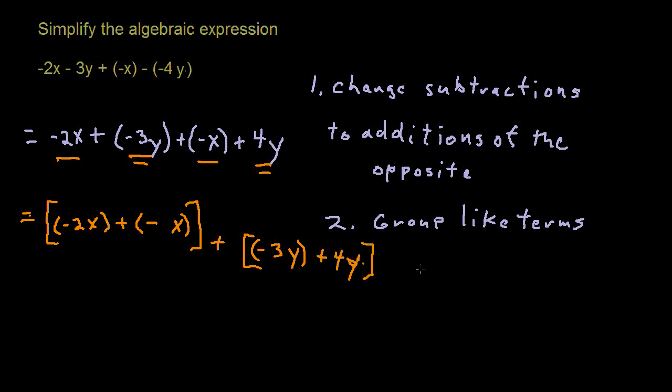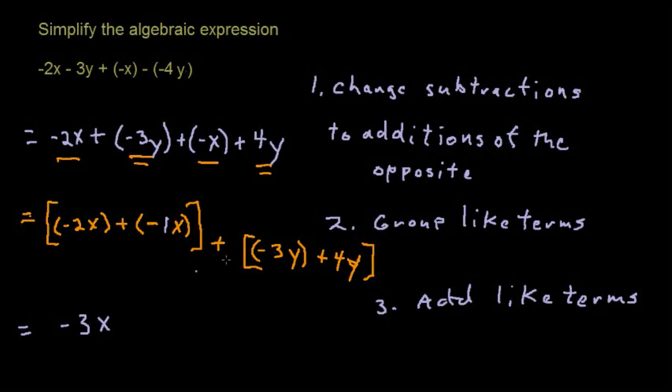And then the next step is to add our like terms. Now that we've grouped them together, we want to add the like terms. If you remember, we just take the numerical coefficients and add them. For the -2x, we can place a 1 in front of the x, and the signs are the same, so we add the absolute values and keep the common sign, and we get -3x.